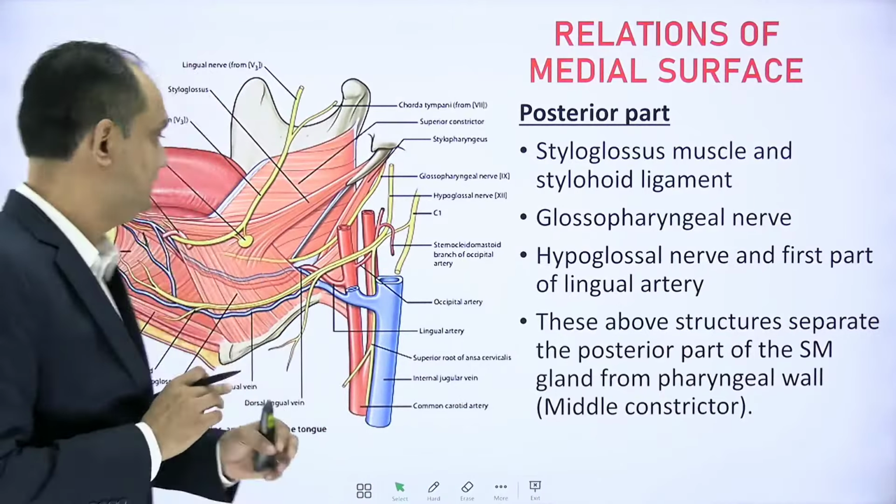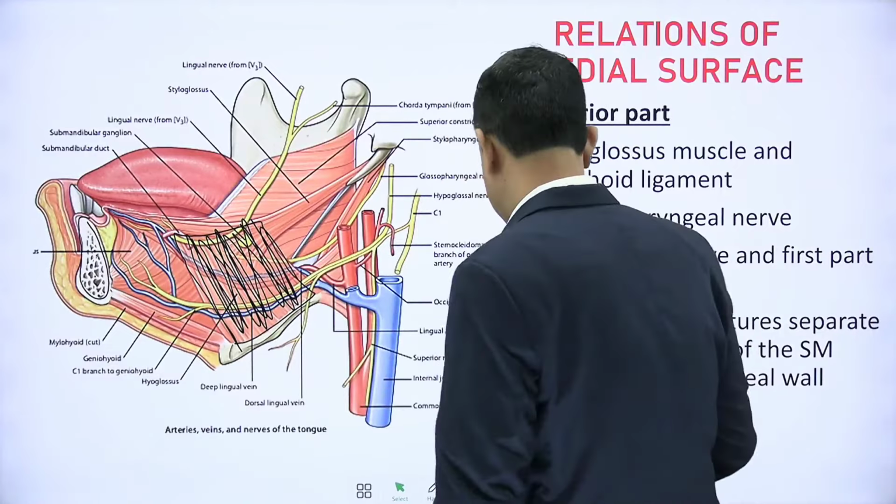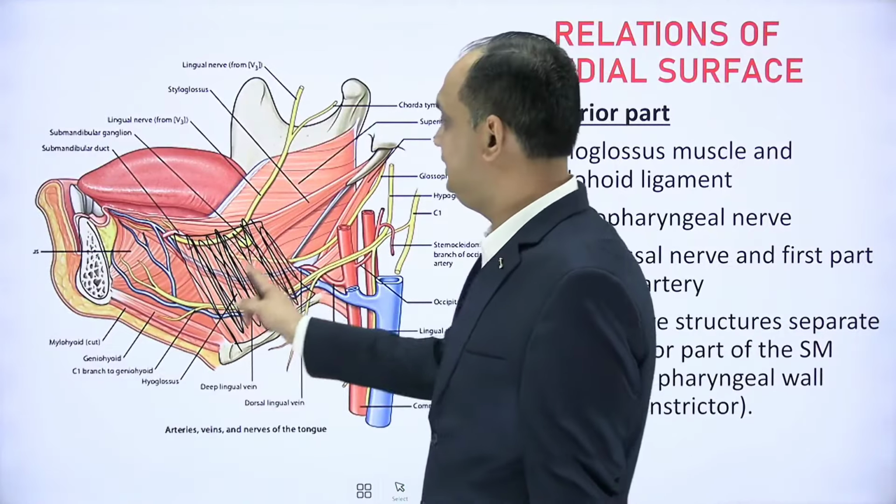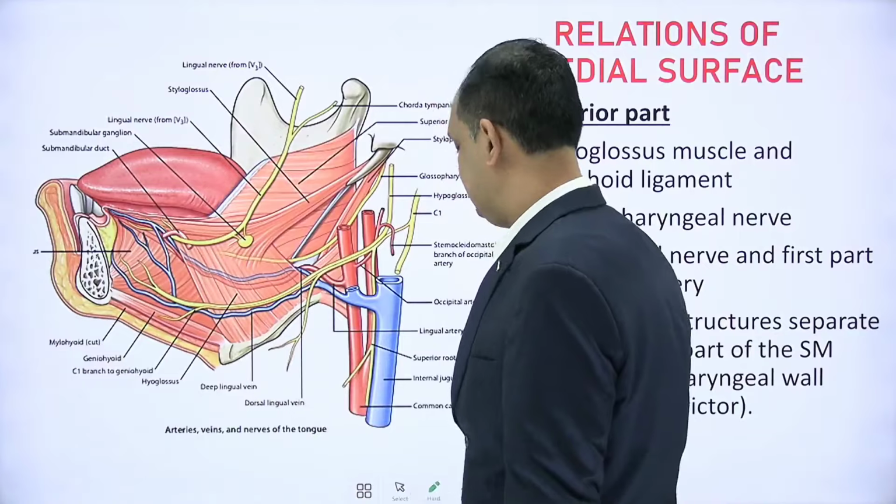Now the second thing which you have to understand in this diagram: as soon as you remove the mylohyoid and approach the hyoglossus, the gap between the mylohyoid and hyoglossus has some important structures. So what structures are present in this gap?